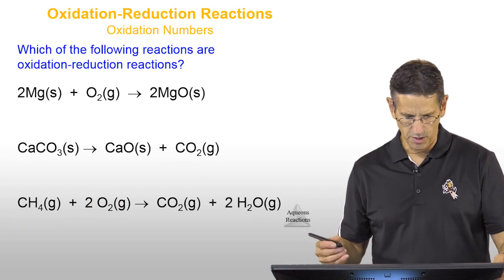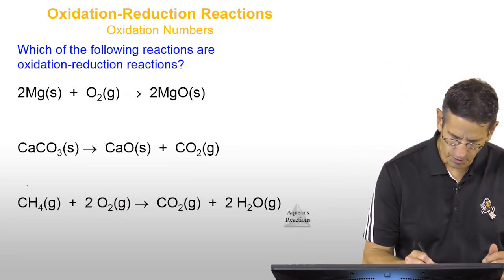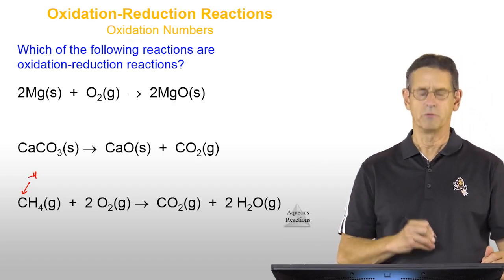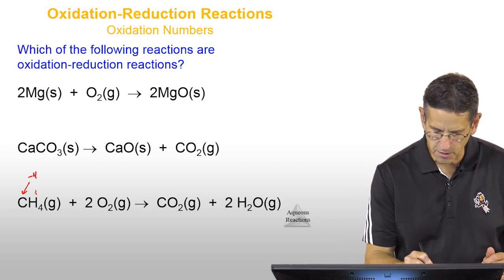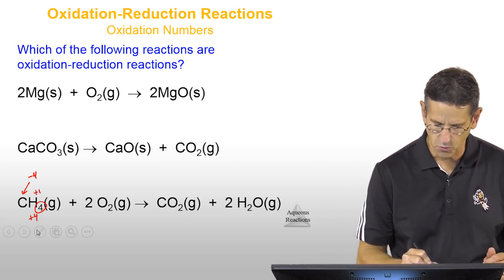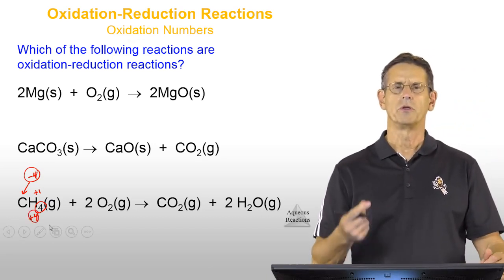If you wanted to assign numbers, let me just show you something, what happens to the carbon here. The carbon in methane is minus 4 oxidation state, right? Because each of these hydrogens is plus 1. We have 4 of them, so that's plus 4. So the carbon's minus 4 with the plus 4 gives us 0.